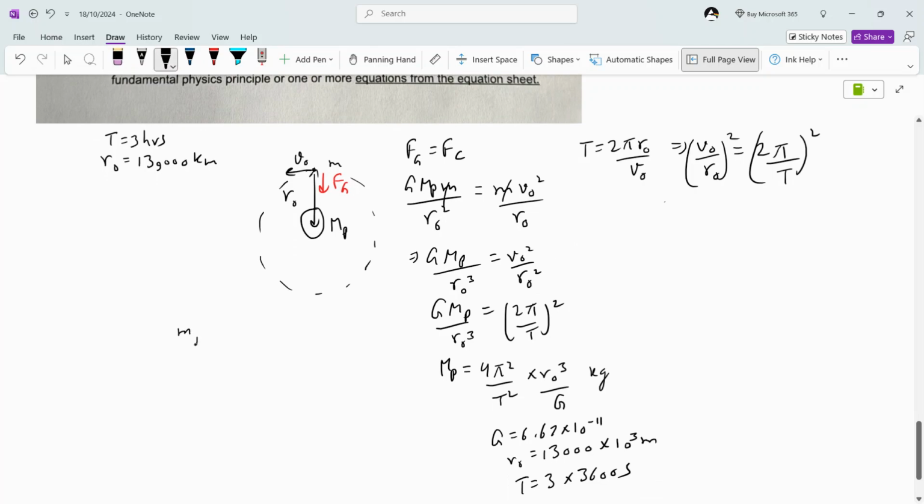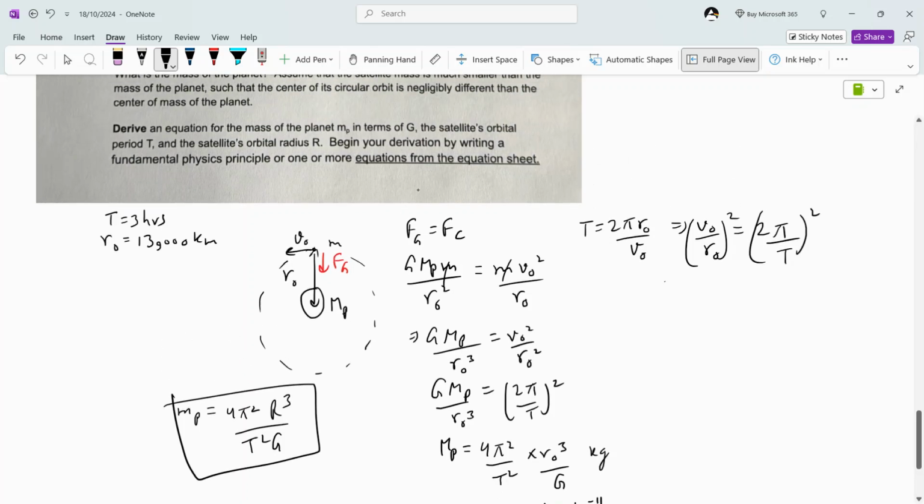It is MP equals 4 pi square R cube upon T square G. This is the expression. And if you were to write, you would say that using the universal law of gravitation, blah blah blah, and also using the centripetal force equation.